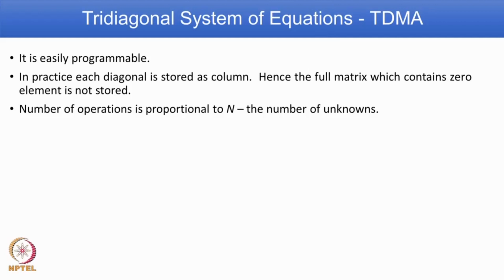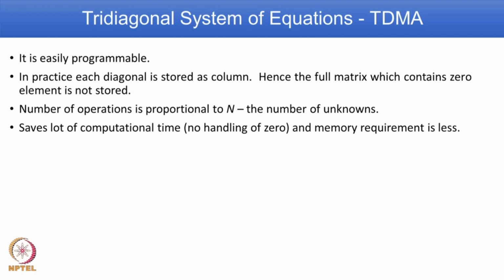Because we are not handling the zeros, the number of operations compared to the Gauss elimination procedure is substantially reduced. Now, it is only of order n. It saves a lot of computational time because we are not handling zeros, and the memory requirement is also less. It is one of the successful algorithms, and it is used by many researchers for their own calculations.